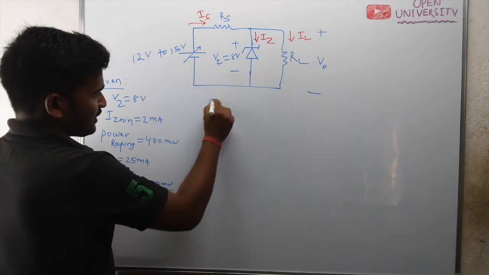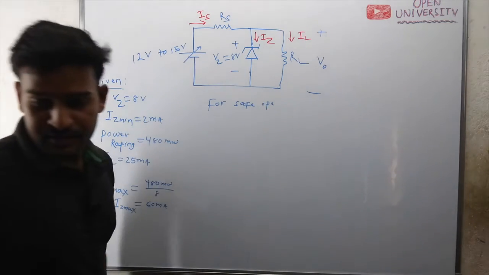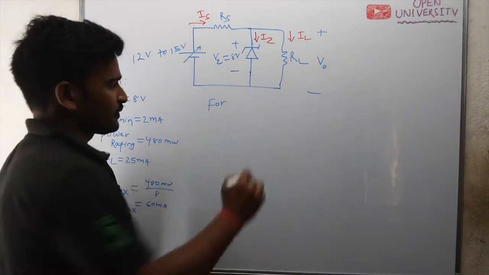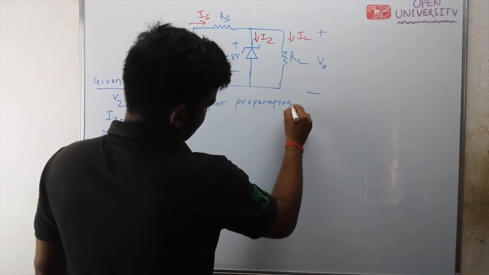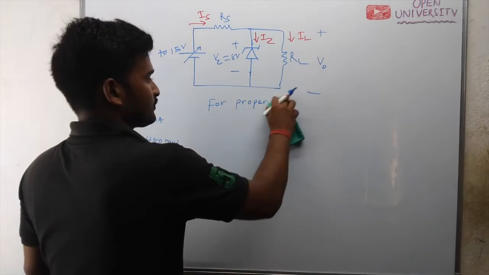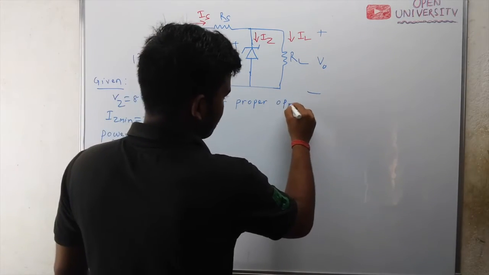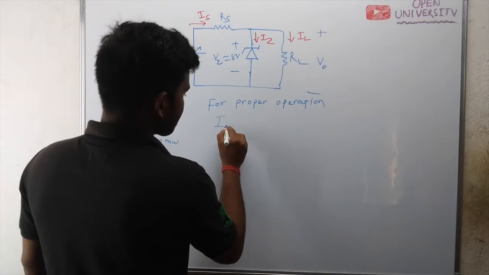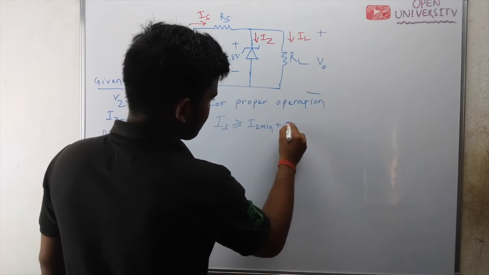Now for proper operation of this circuit, your IS has to be greater than or equal to IZ min plus IL.